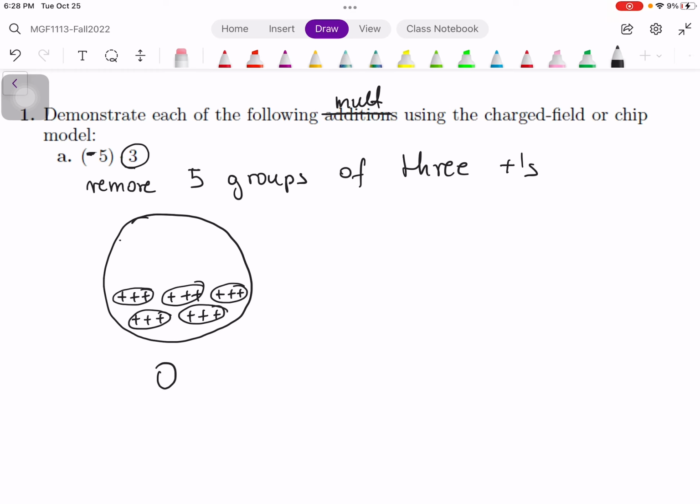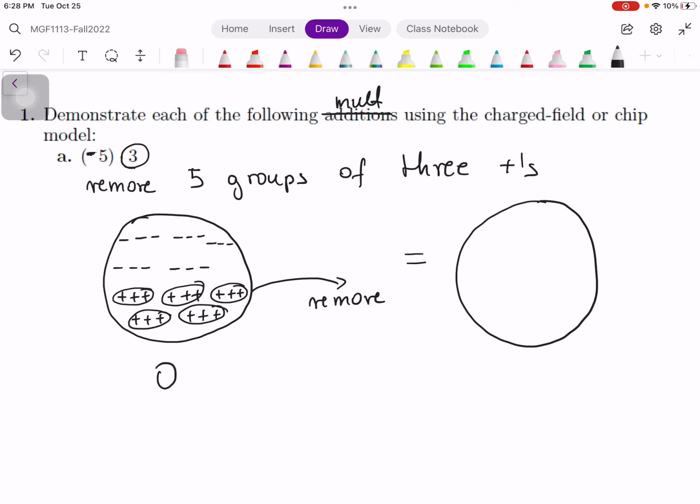Then I have to balance them out with the same number of minuses, so each group of pluses will have a group of minuses. So 5 groups of minuses. That's like my starting point. Then I can remove those 5 groups of 3 pluses, and what that will be equal to is 5 groups of 3 minuses.